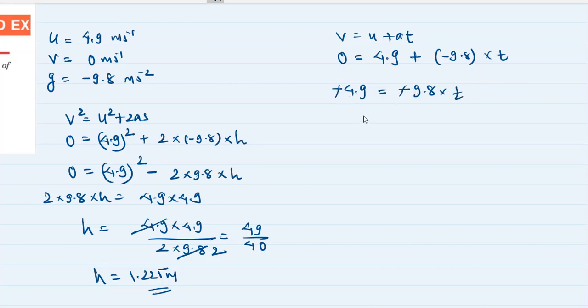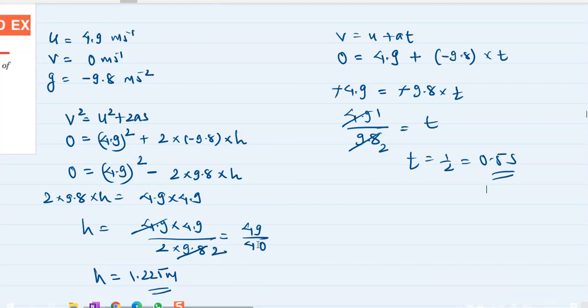Minus minus gets cut, so 4.9 divided by 9.8 is equal to t. 4.9 ones are 4.9, twos are 9.8, so time is equal to 1 by 2, which is 0.5 seconds.